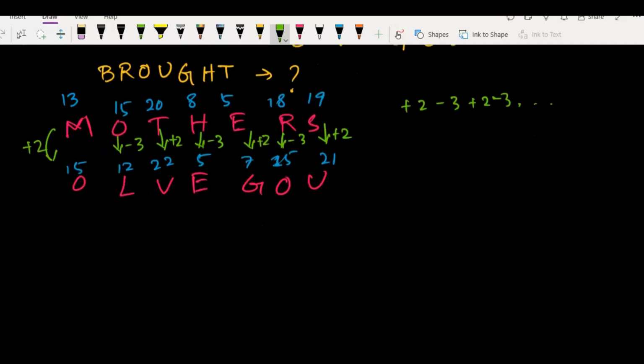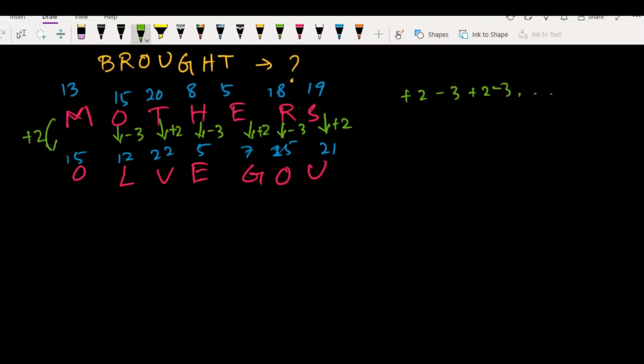So now do it for this word, BROUGHT, and write the positions.